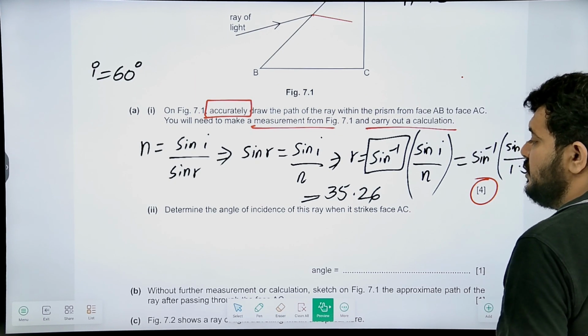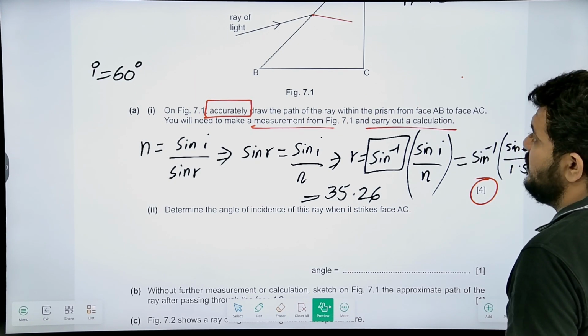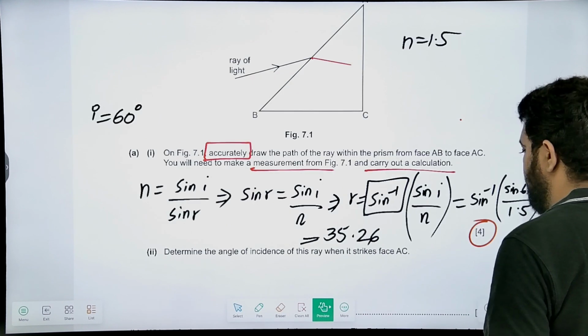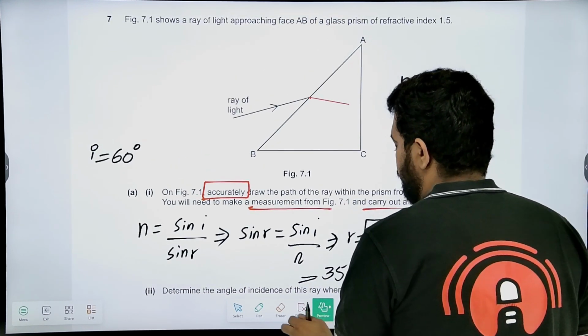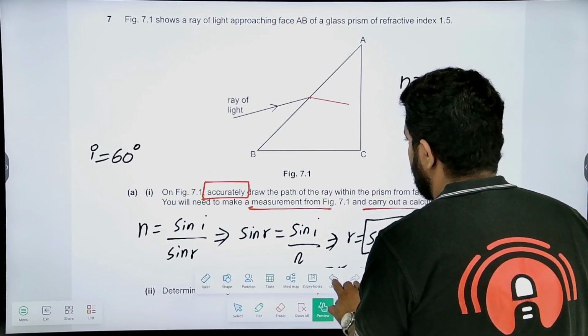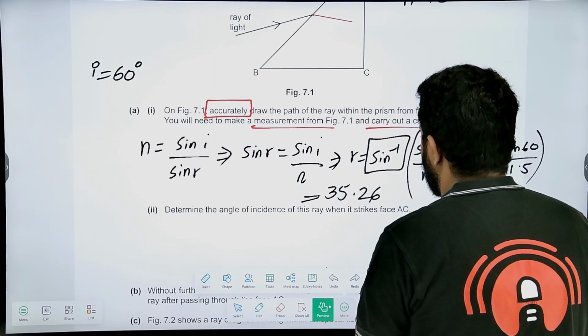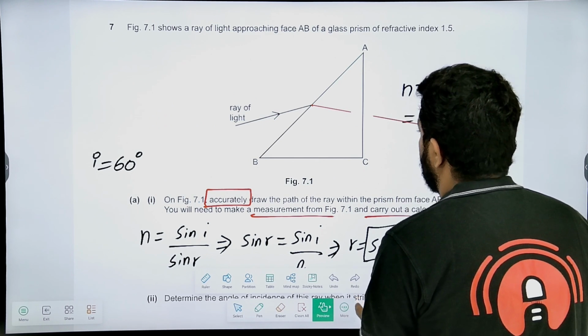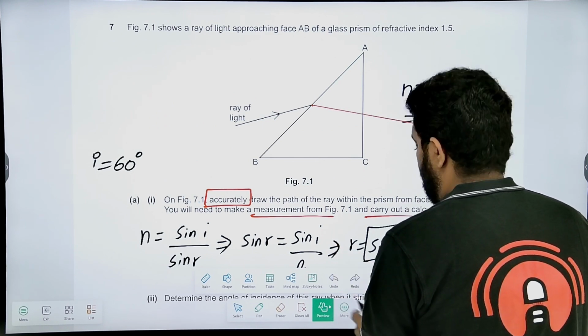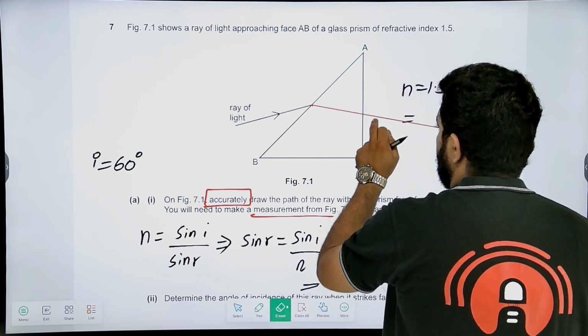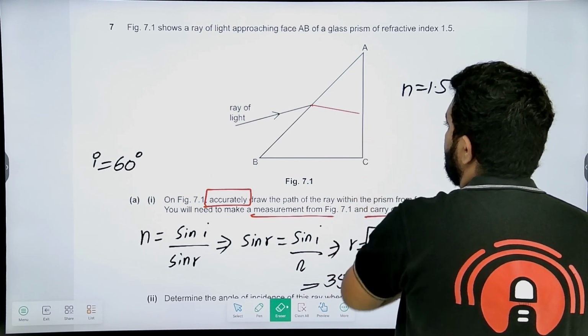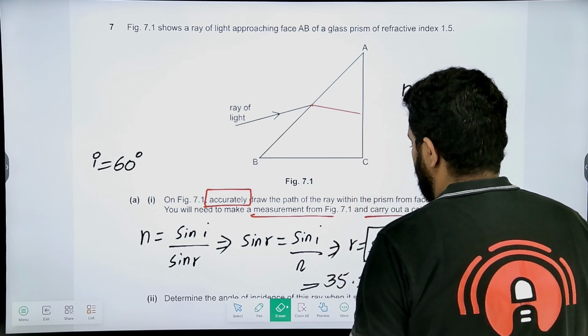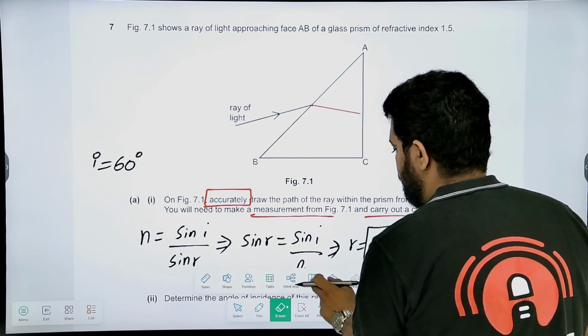Determine the angle of incidence of this ray when it strikes the face AC. Okay, determine the angle, right? How would you determine the angle? By actually letting it be there, right? Okay, what should I have done? So this is the angle. Let's measure it, guys.